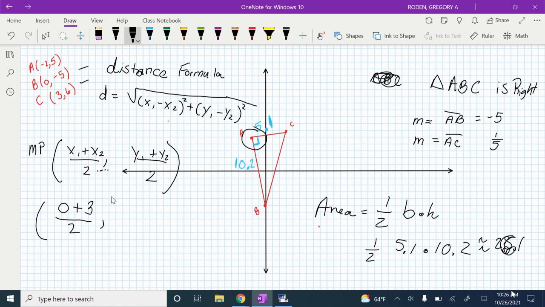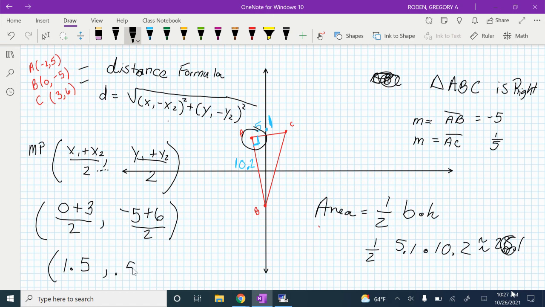And then what would be the y value? -5 plus 6 over 2. Y'all see that? So this is 0 plus 3 over 2. That's 3 over 2. Could we call that 1.5 just for fun? Well, what's -5 plus 6? 1, right? Divided by 2 gives me what?